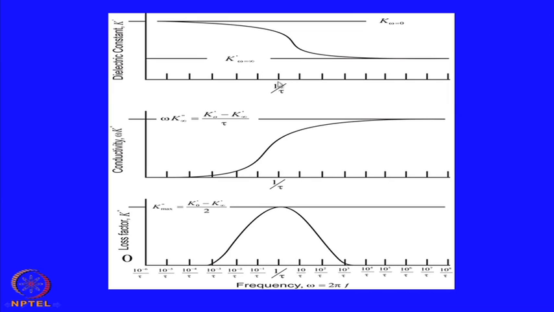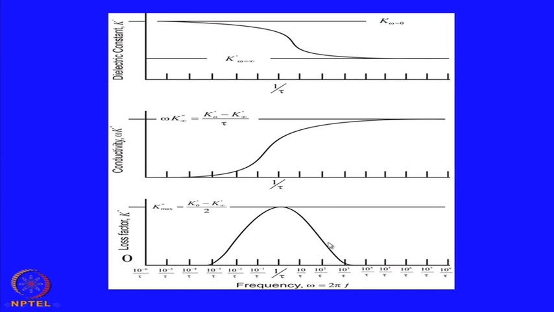So, at the inverse of the characteristic relaxation time, the characteristic time constant, you will get the transition. Here it goes from a higher value to a lower value, and in this case from a lower value to a higher value, and at the same frequency the loss factor or tan delta goes through a peak.